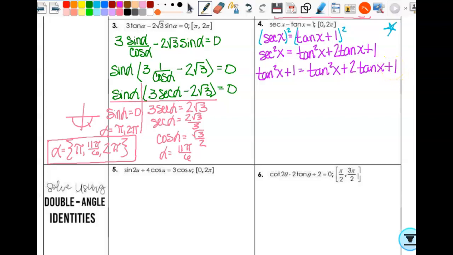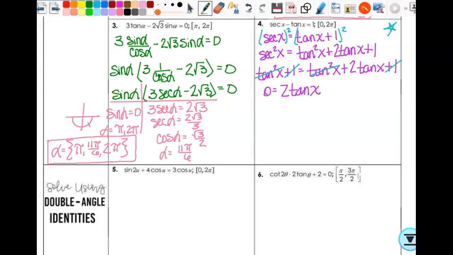Right? So when I start to move everything over to one side, when I subtract tangent squared x from both sides, those zero out. When I subtract 1 from both sides, those zero out. So that leaves me with 0 equals 2 tangent x, right?